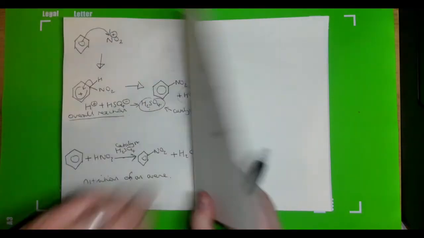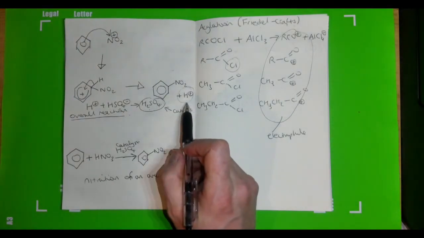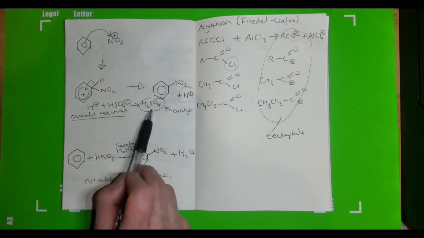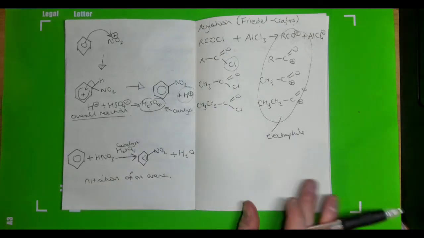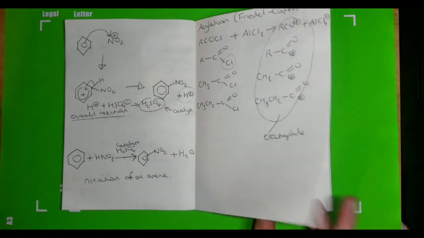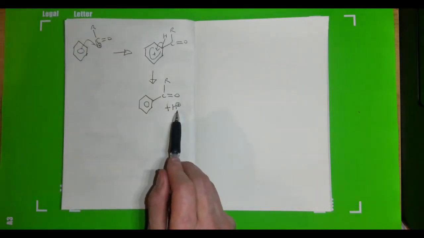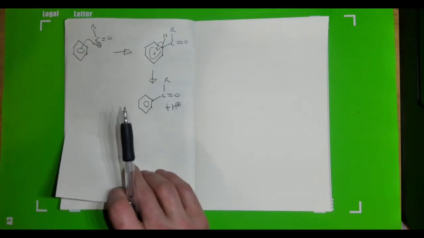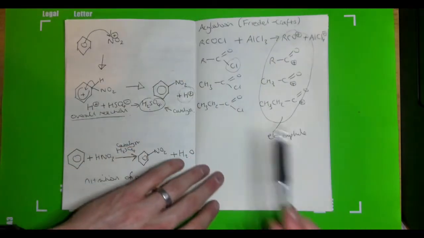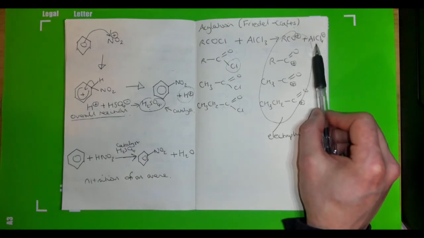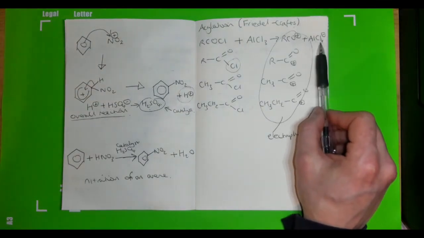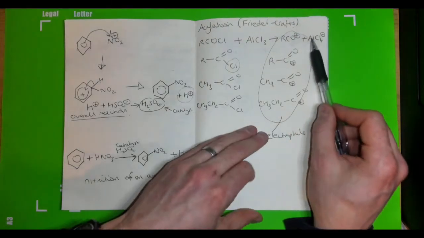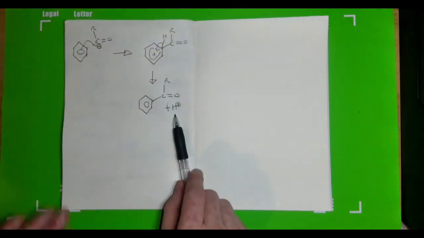Just like I did over here. Okay? And remember the H+ reacted with the HSO4- to regenerate the catalyst. Do exactly the same thing here. So I've made this H+ here, and because it's got a positive charge, it isn't just going to sit there, it's going to do something. It's going to react with something which has got a negative charge. Let's look back. Within the very, very first step, we produce this AlCl4-. So the AlCl4-, because it's got a negative charge, is going to react with that H+ there.